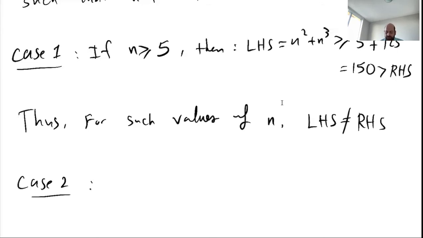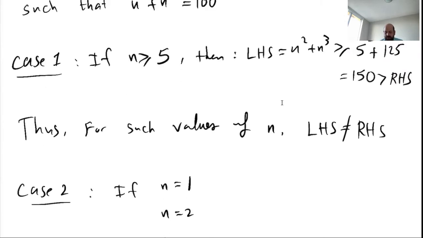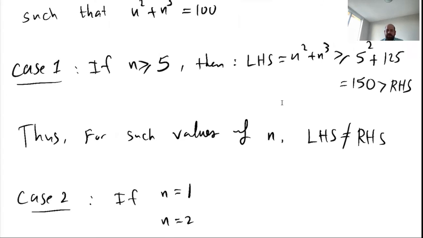If n is equal to 1, or 2, or 3, or 4. We can just check manually whether these 4 values are solutions for this equation. If none of them are solutions, then since case 1 had no solution either, overall we won't have any solution.